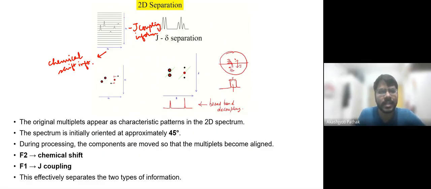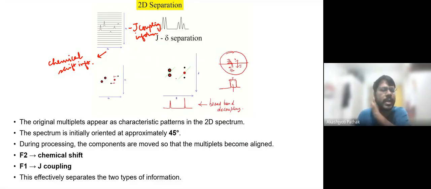You can see in this figure that in your F1 dimension there are multiple multiplets. The multiplets can be observed as characteristic patterns in the 2D spectrum. Initially the spectrum is oriented at 45 degrees, and then during processing, the peaks have to be shifted or moved so that the multiplets become aligned.